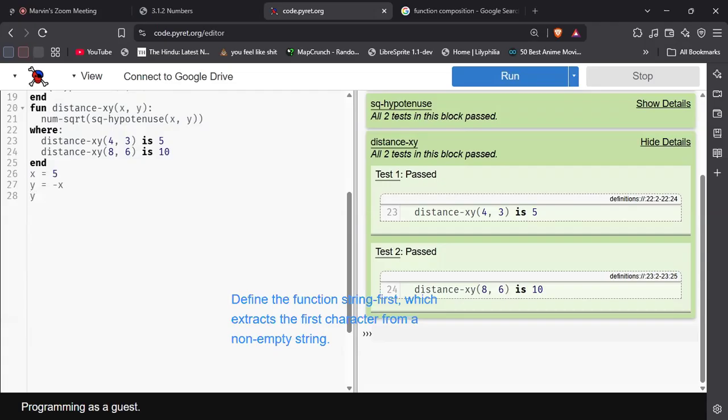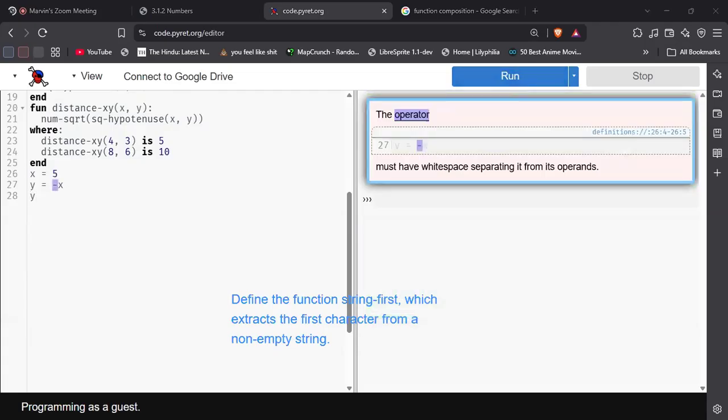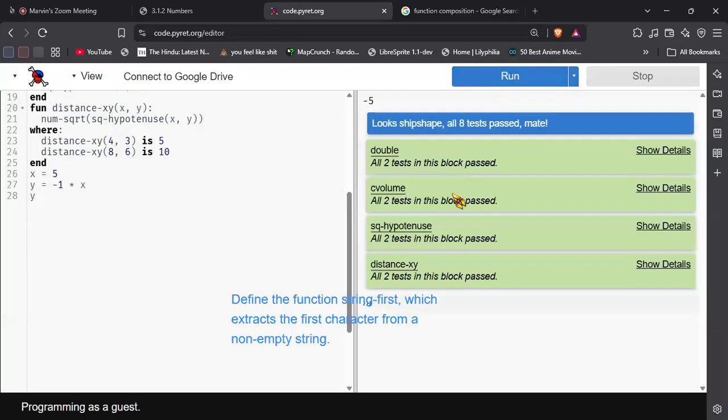Yeah, that one you have to do negative one times x. You can only put the minus sign next to the thing if the thing is a number. Okay, makes sense. Awesome. Yeah, that's a good question.